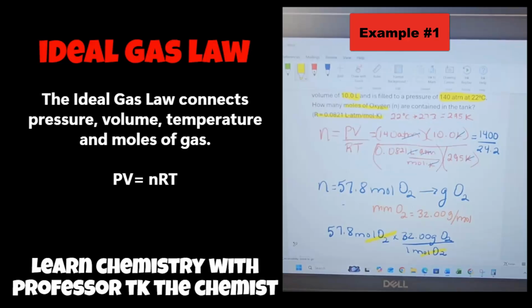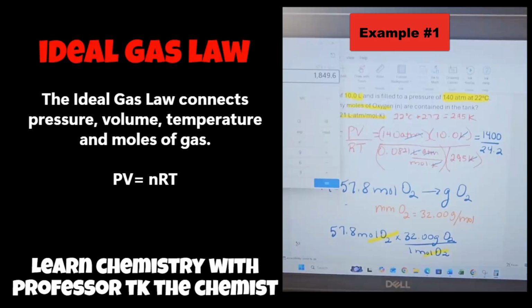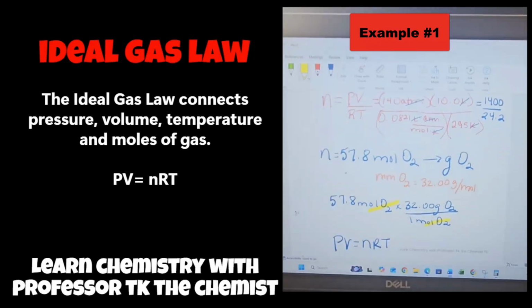You're going to cancel out the moles, and just like that, 57.8 times 32.00 gives you 1849.6, but we can roughly say 1850. Okay, if we want to keep 3 sig figs, see that 1849.6? You would round it off to 1850, and that's giving you your 3 significant digits.